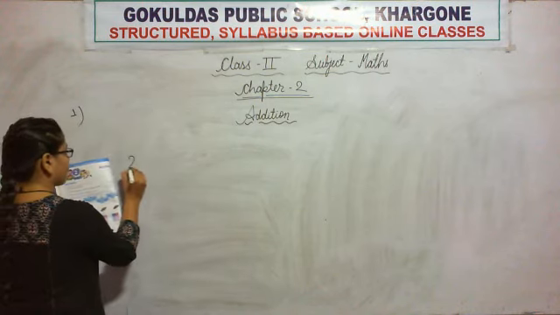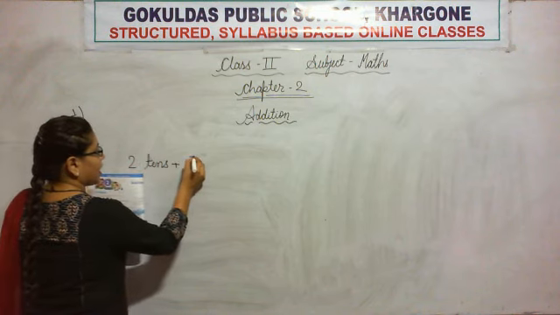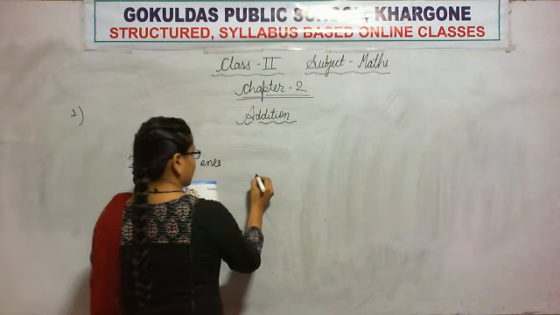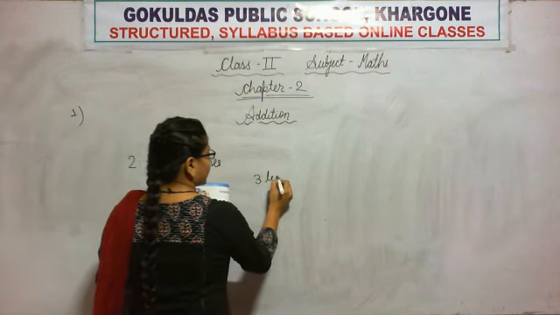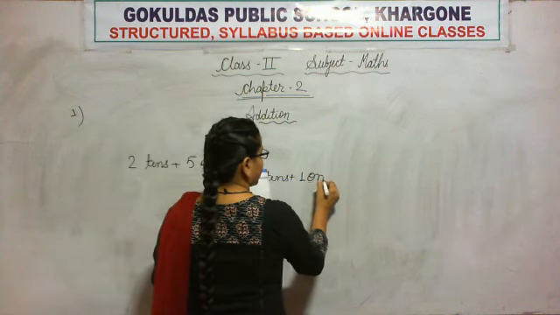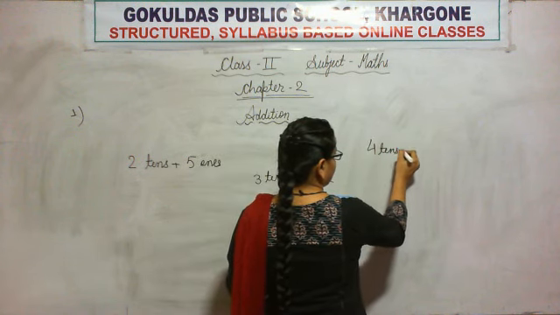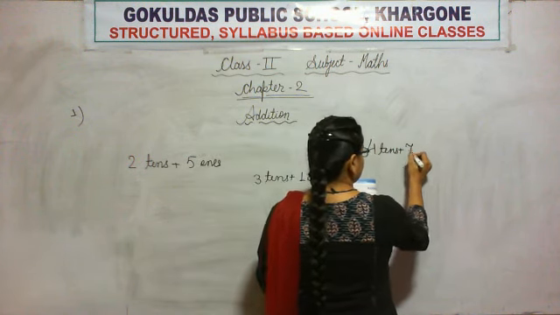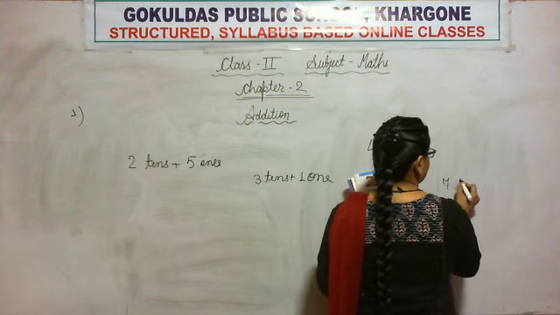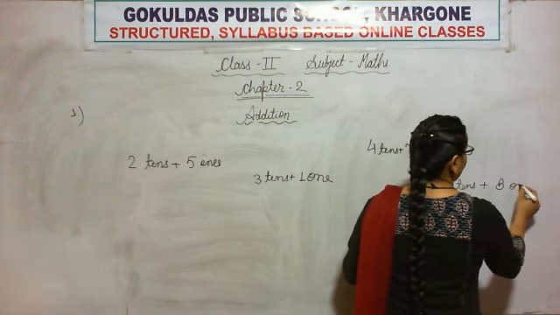So the first they have given is 2 tens plus 5 ones. 3 tens plus 1 one. Now 4 tens plus 7 ones, and the last one is 7 tens plus 8 ones.